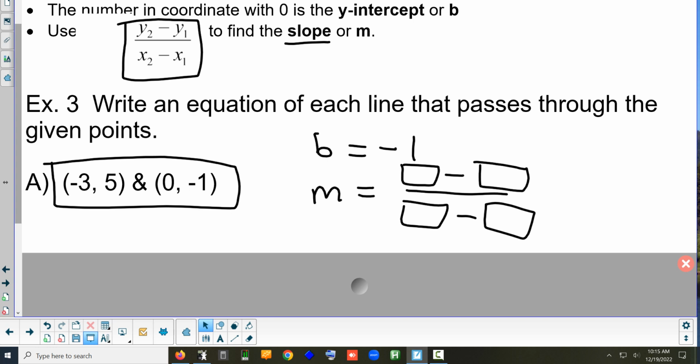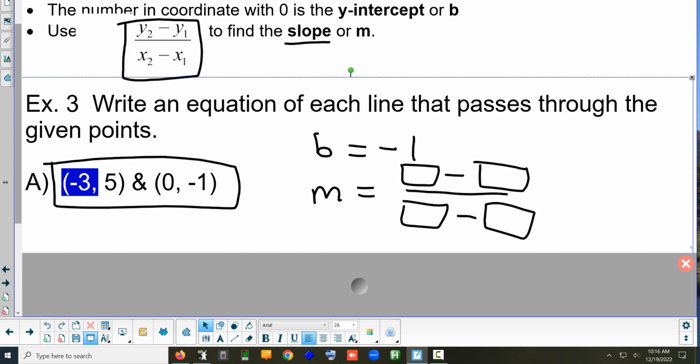We're going to fill in those 4 boxes. What I want to do is make sure we know which number goes where. The first number in a coordinate, is that your x or is that your y, the one that I have highlighted?